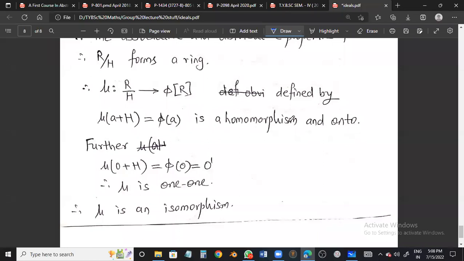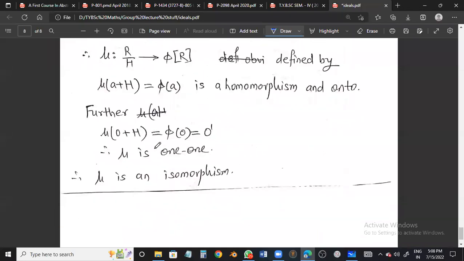So you got homomorphism and onto also. Now what is left? Being 1-1. For 1-1ness, we'll go with the kernel. So mu of 0 plus h means phi of 0, which is 0'. So directly we are getting mu is 1-1, and thus mu becomes an isomorphism.